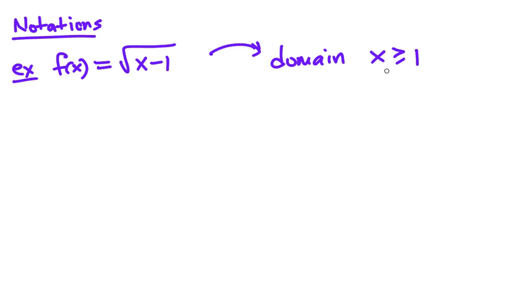There are a few different notations for domain. One of them is interval notation. So in the example that we had above, we used a notation that looked like an inequality sign, and that's perfectly fine to use. That's one type. Another way of saying all the numbers greater than or equal to 1 is to use set notation.